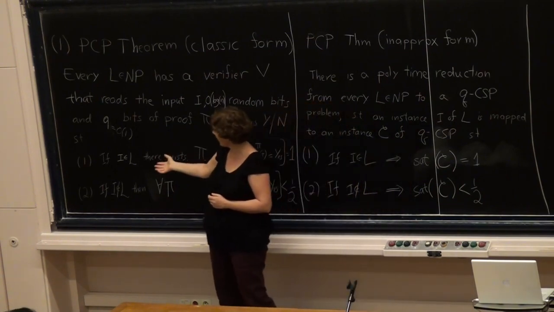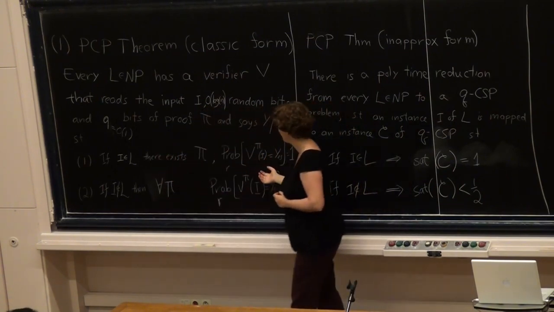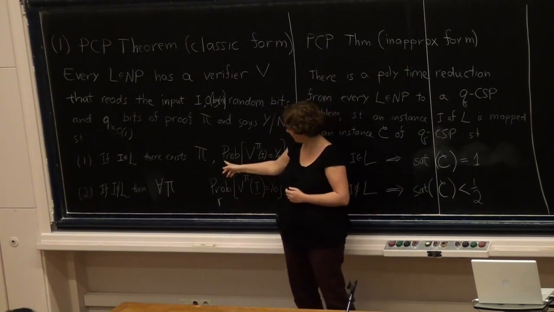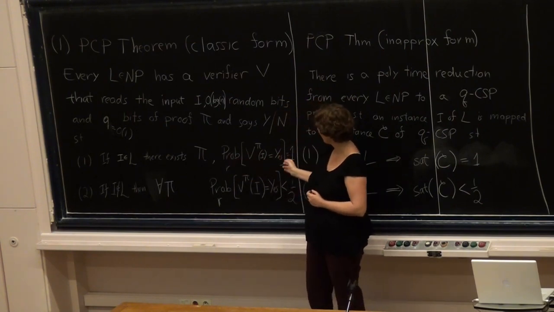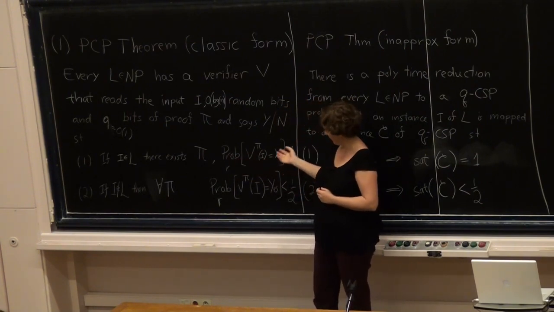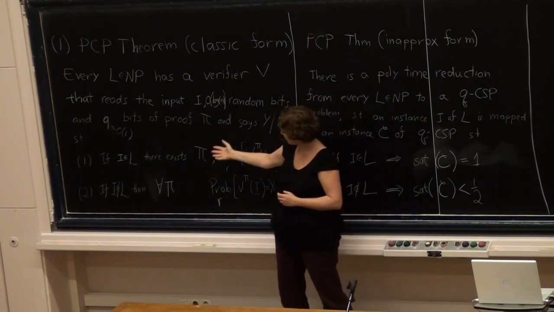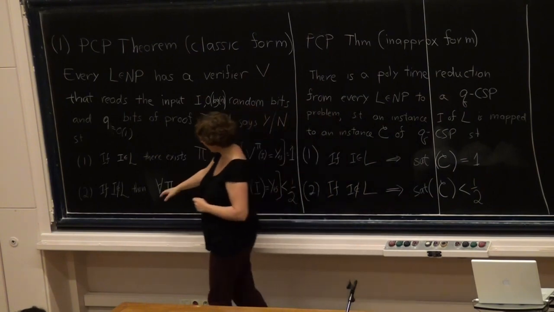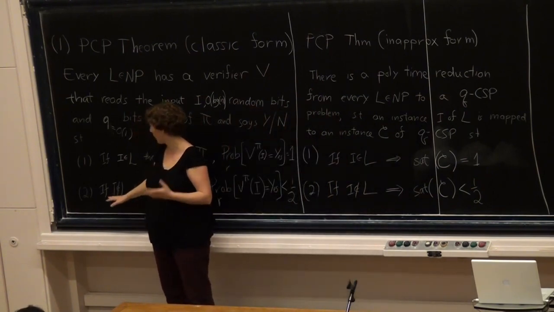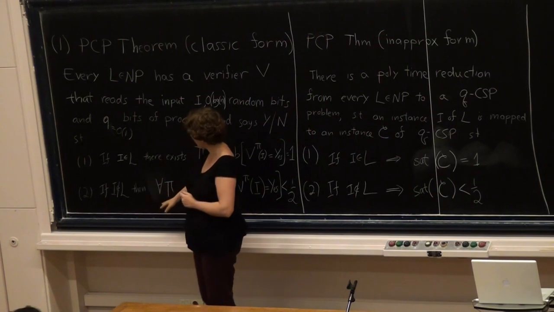If the input is in the language, it says yes. Since it's working on random bits, we have a probability over the random bits, and the probability that it says yes is 1. If the input is in the language, there is a proof so that it always says yes on this proof. And if the input is not in the language, it's supposed to say no, no matter what proof it's given.